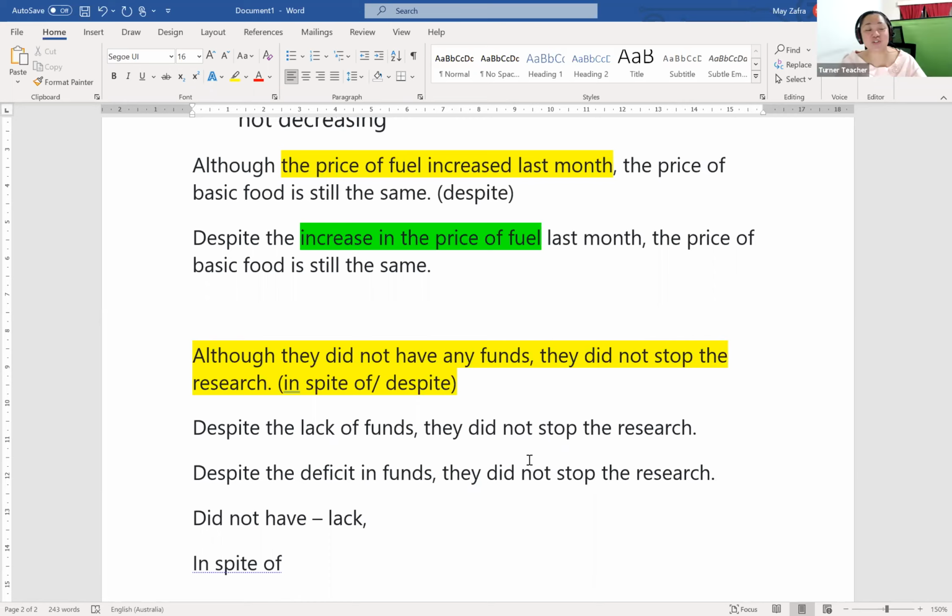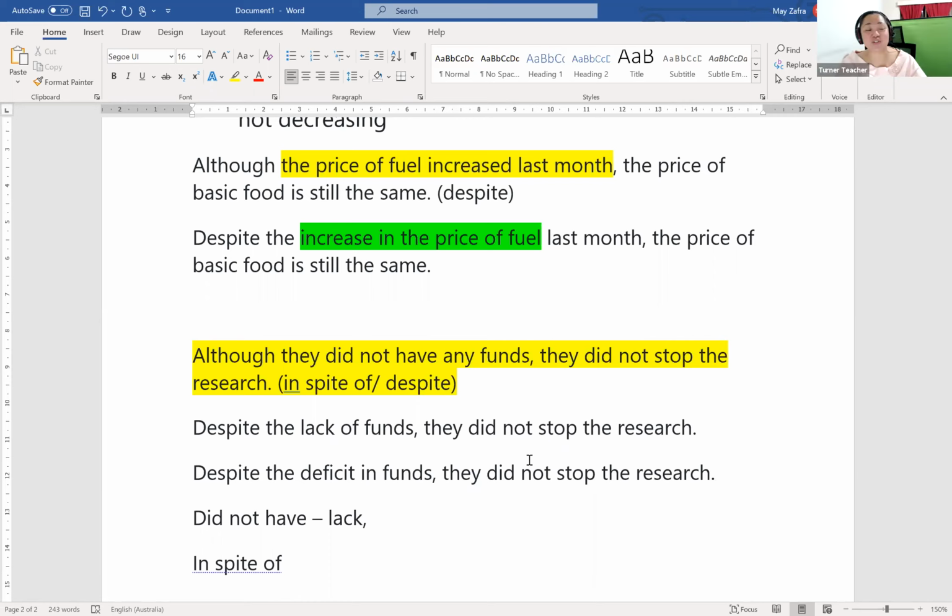Okay, so let's go back. When you are using in spite, what is the rule? When you use in spite, it's adjective plus noun. When you are using despite, it's noun only, or noun phrase.